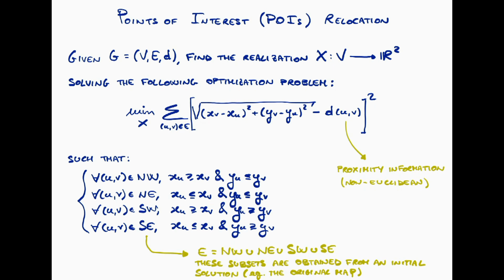And so what we try to do is to minimize a penalty function where, in practice, on this side, this term corresponds to the measured distance in the map. I brought it in 2D because for adaptive maps we are mostly in 2D, and this is the distance that I know, but this is not a Euclidean distance, as I said. In my example later, this will be a walking distance, so it will represent time in seconds to connect two points of interest.